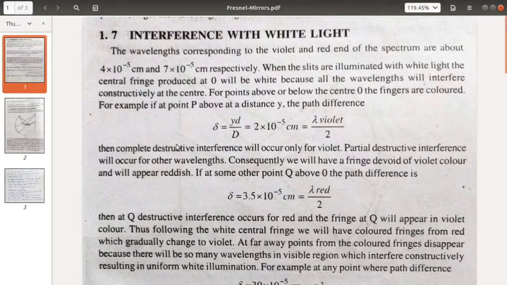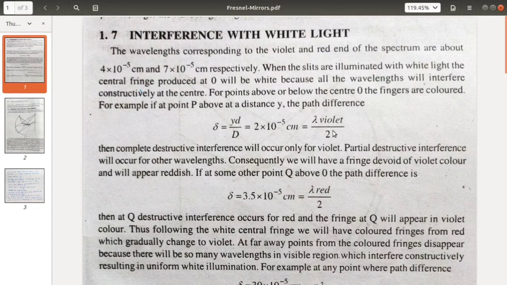That means complete destructive interference will occur only for violet. That is, yd by D equal to lambda by 2 is the condition for destructive interference, and this wavelength corresponds to violet color.